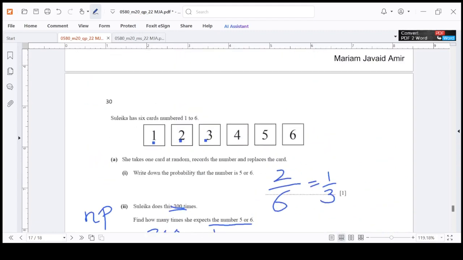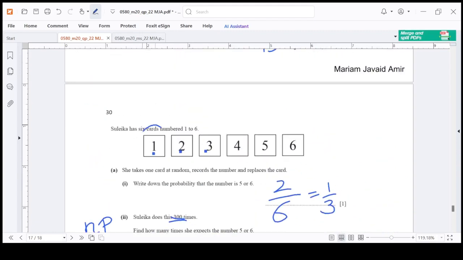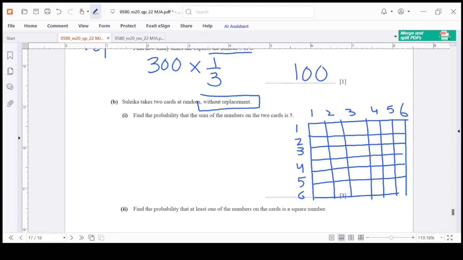Whatever card she chooses, like if she chooses 1 and then she's choosing another number, it cannot be 1 again because 1 was chosen and it was put away. So 1 cannot be chosen again. That means, from the table that I've made, we cannot get 1,1, 2,2, 3,3, 4,4, 5,5, and 6,6. Because if 6 was drawn, it cannot be drawn again because the question says without replacement.